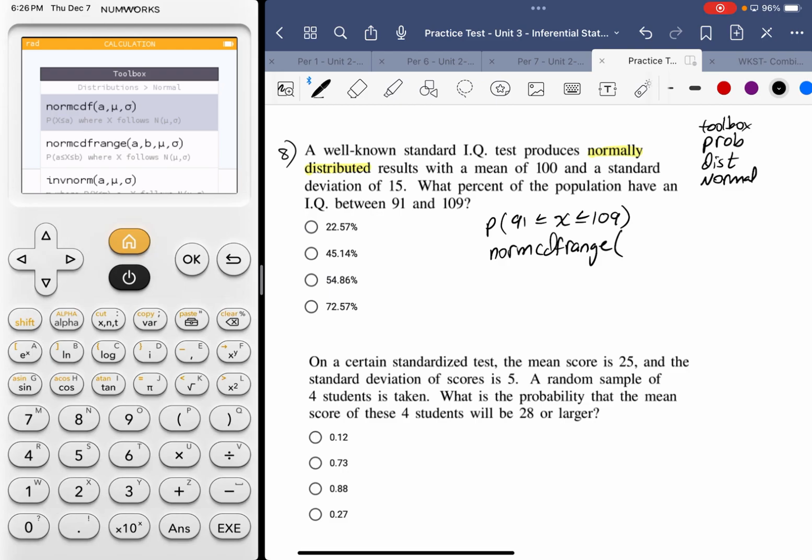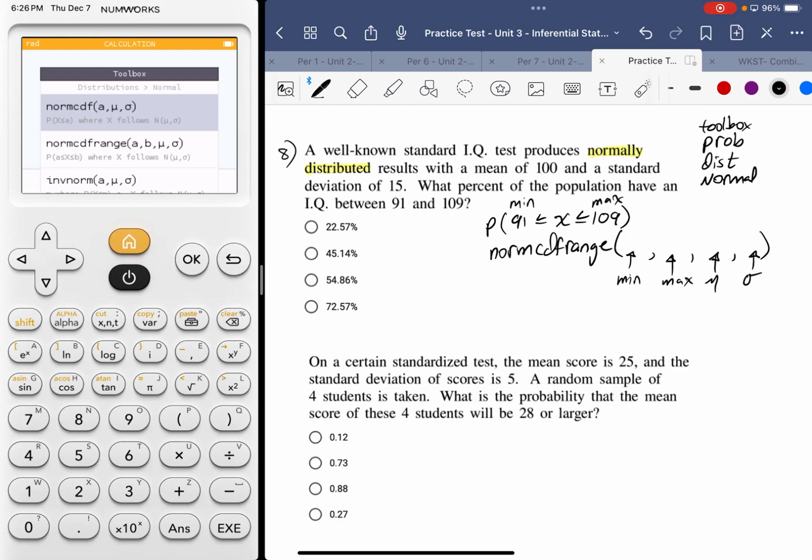For a norm CDF range, you have 4 components: the min and the max of your interval, the mean, and the standard deviation.